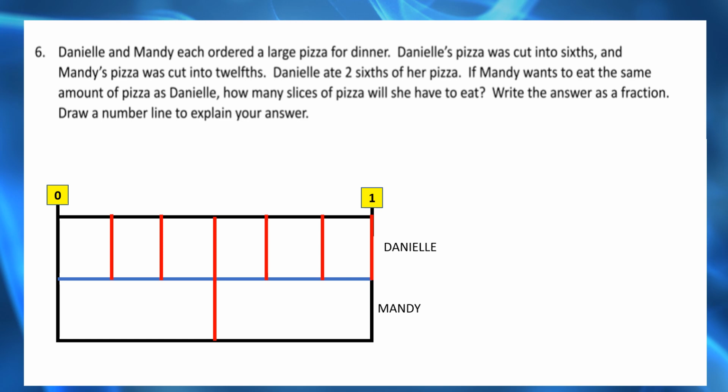So let's take a moment to make sure that the top of your rectangle is partitioned into 6, and that you have a 0 and 1 at your endpoints. Because even though this looks like a fraction strip, you can always turn a fraction strip into a number line by adding endpoints, which is what we did.